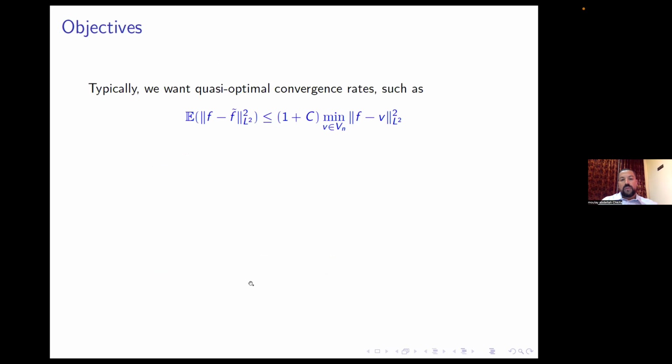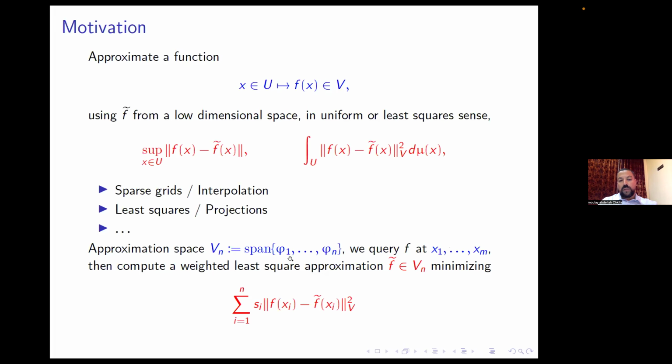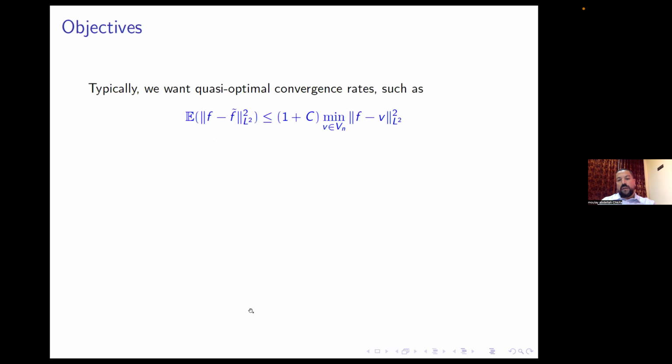So typically in approximation theory, we are interested in quasi-optimal convergence results, the quasi-optimal convergence rate. So we would like, for example, to have a procedure, an algorithm that produces an f tilde, which means it will select the query points and will select the weights in a way that in average the convergence in the least square sense is quasi-optimal compared to the best convergence in the least square sense.